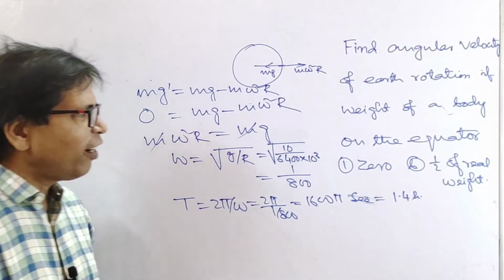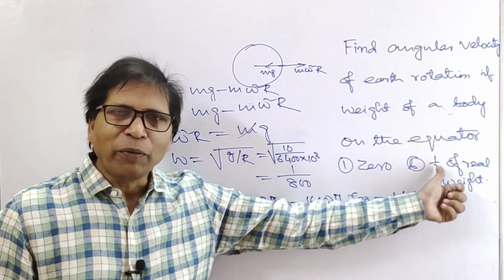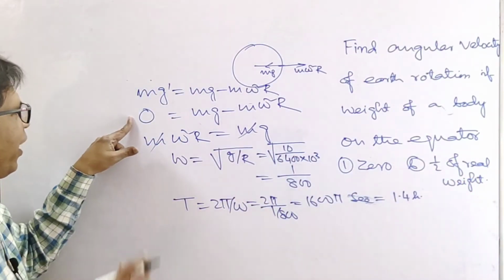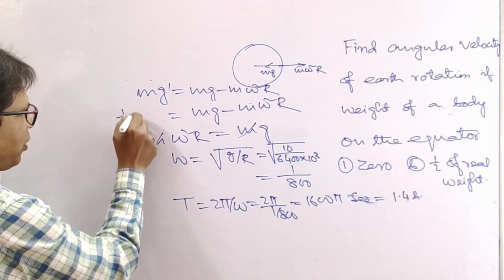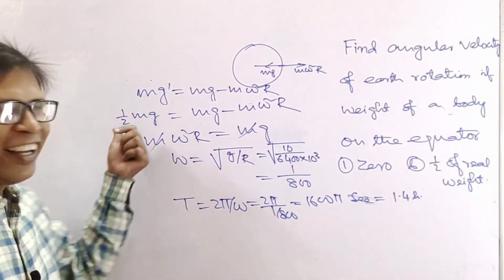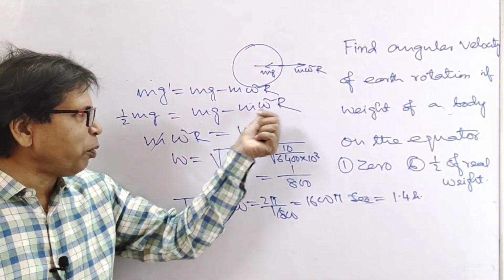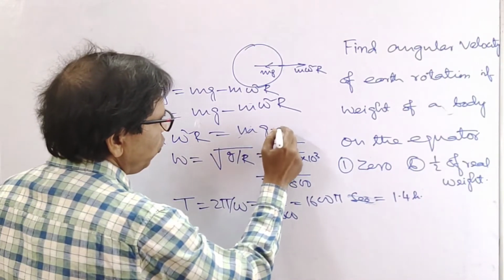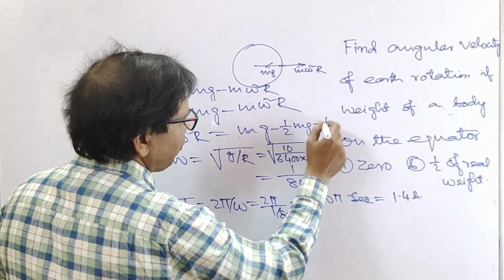Okay, understood? Now next problem. The weight of the body becomes half of the real weight. So mg dash becomes half of mg. Now half of mg equals mg minus m omega square r. So m omega square r equals mg minus half mg, which is half mg.